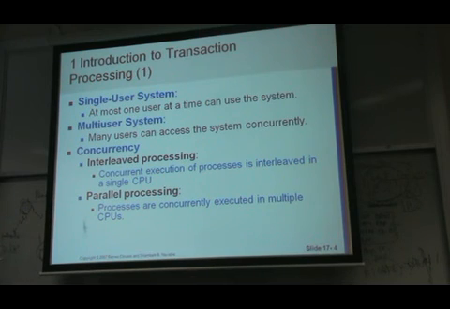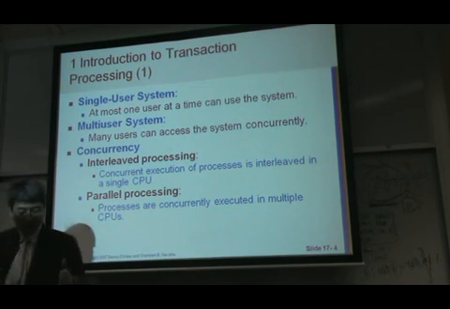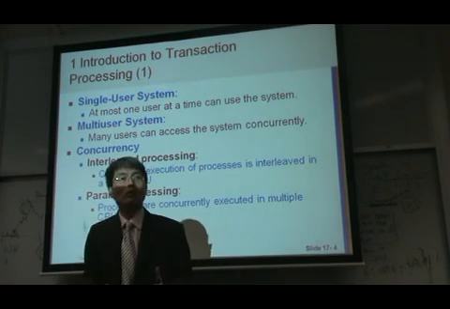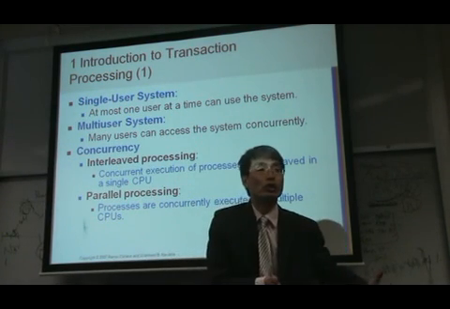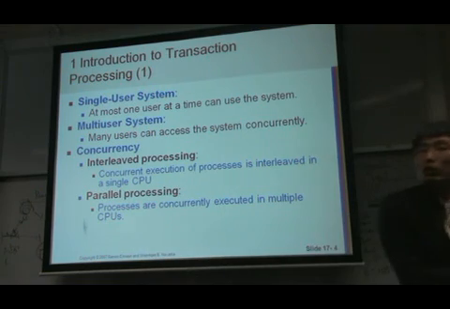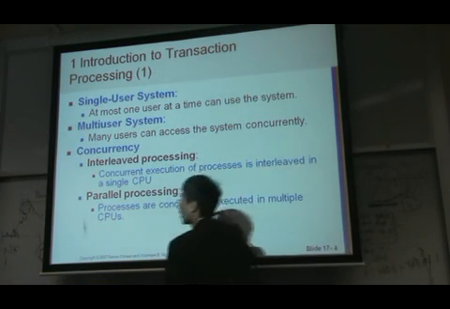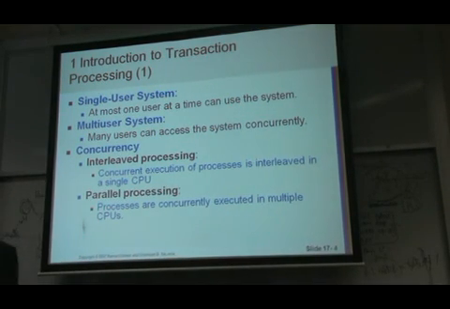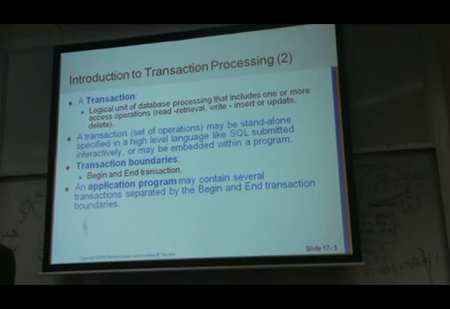So why don't we use this time for another process? That is interleaved processing. In a database, it's the same idea. We can share the time: 10 seconds for A user, then B user, A user, B user, something like that. Parallel processing lets you run concurrently when you have multiple CPUs.